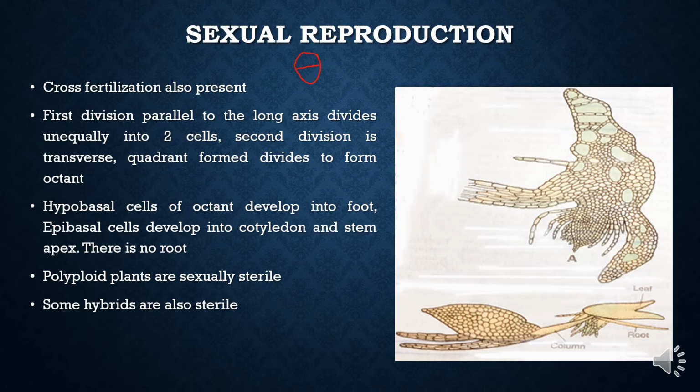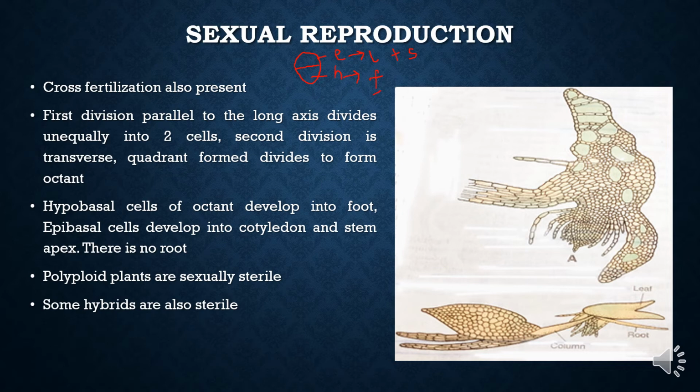The upper cell, the epibasal cell, ultimately gives rise to the leaf as well as the stem, that is the rhizome, and the lower cell, the hypobasal cell, gives rise to the foot. As there is no root in the Salvinia species, the hypobasal cell gives rise only to the foot.